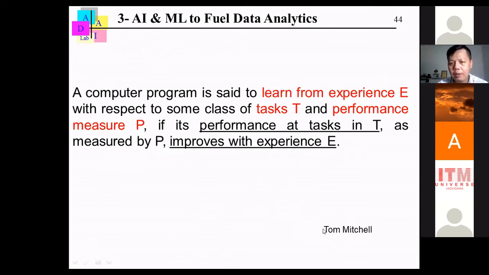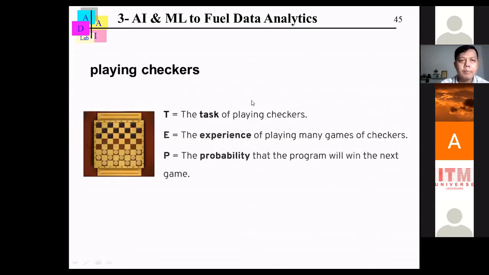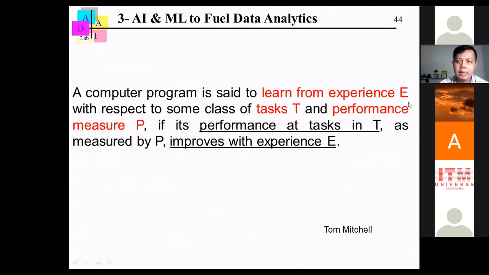By the definition from Tom Mitchell, what is machine learning? A computer program is said to learn from experience E with respect to some class of tasks T and performance measure P if its performance at tasks in T, as measured by P, improves with experience E. In this definition there are three parameters: E, T, and P. E means experience, T task, and P performance measure.